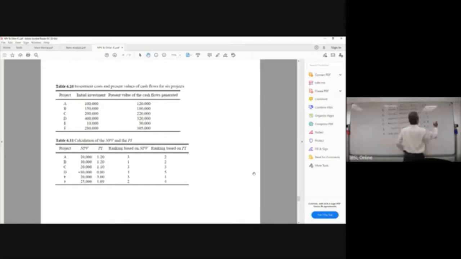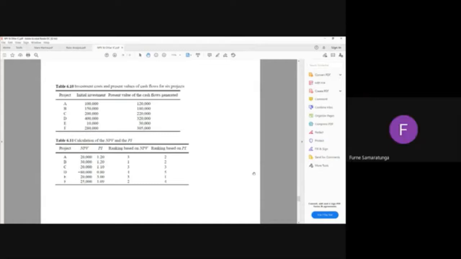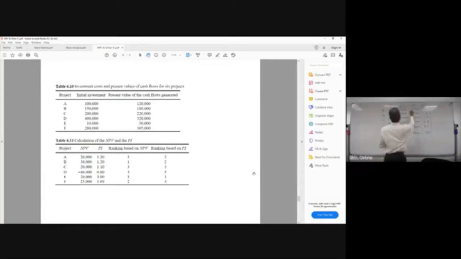Now, what they have done is they have ranked the projects based on net present value and on profitability index. On net present value, what is the best project? It is B. B is the best project with net present value. Then 25,000 is second.